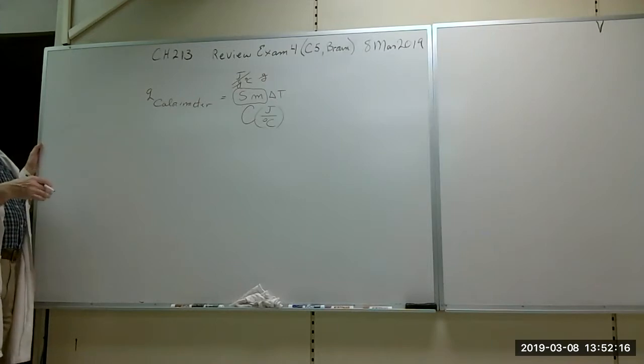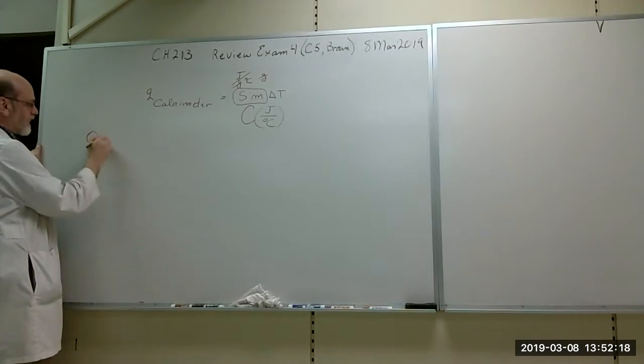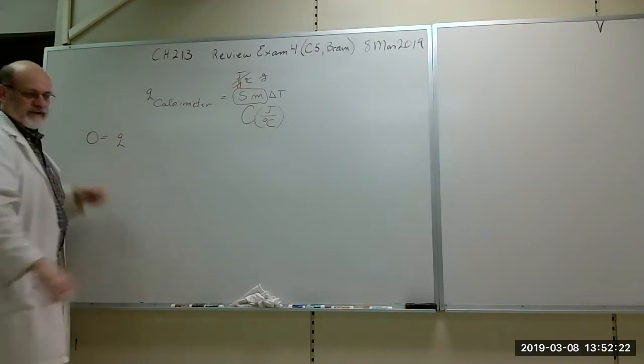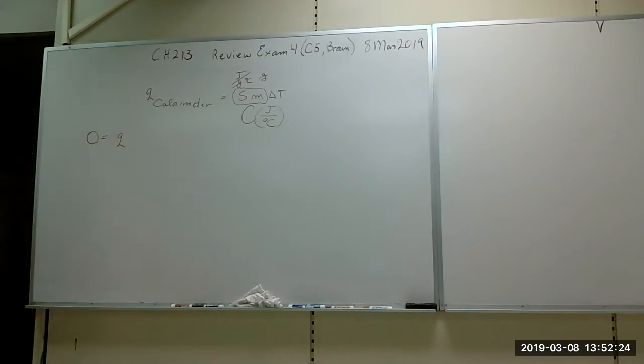Okay, the same principle is operative for our calorimeter as it was for that theoretical. Only now, everything has a value. The first one is an acid-base neutralization reaction, isn't it?